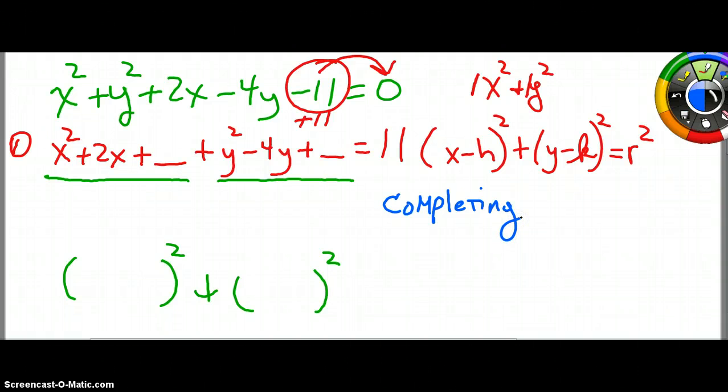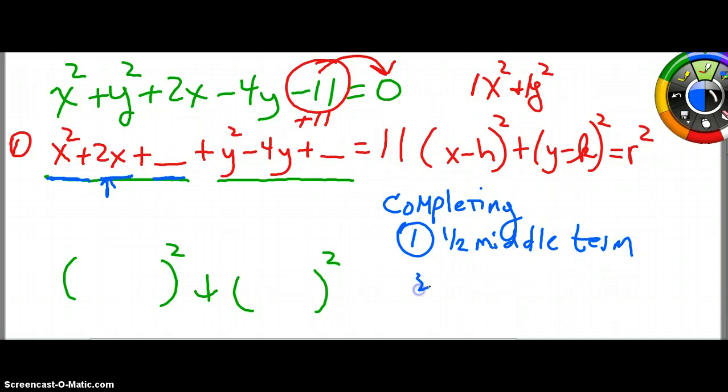There's a little process with this. We're going to have 3 terms, 1, 2, 3, and those 3 terms are going to become a binomial squared. When I talk about these 3 terms, I'm going to talk about this term as being the middle term. So to complete the square, we're going to take half the middle term and square it.